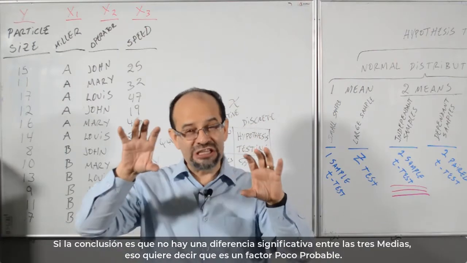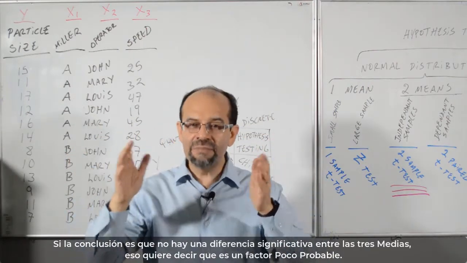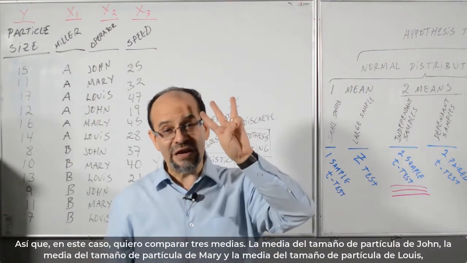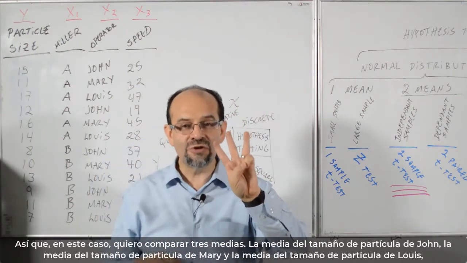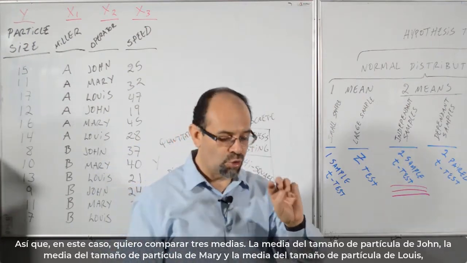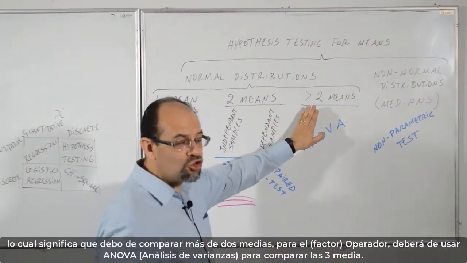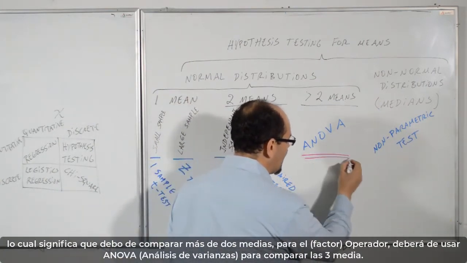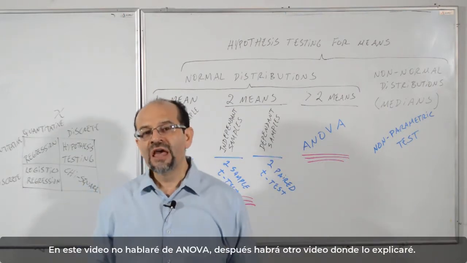If my conclusion is there is not a significant difference among those three means, that means that that is a lowly likely factor. So in this case, I want to compare three means: mean of particle size of John, mean of particle size of Mary, mean of particle size of Louis. That means that since I want to compare more than two means, for operator I should use ANOVA, analysis of variance, to compare the three means.